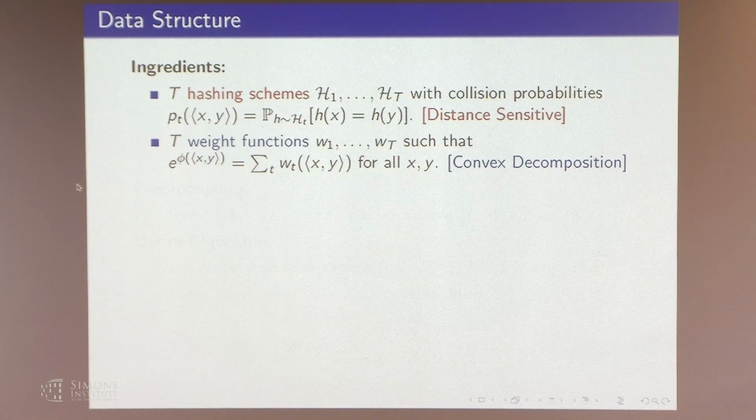Each of them is going to have their own collision probabilities, and in some sense, different hash families are going to be tailored to different portions of the inner product space. Different hash families are designed to have their collision probabilities peak for different values of inner products.